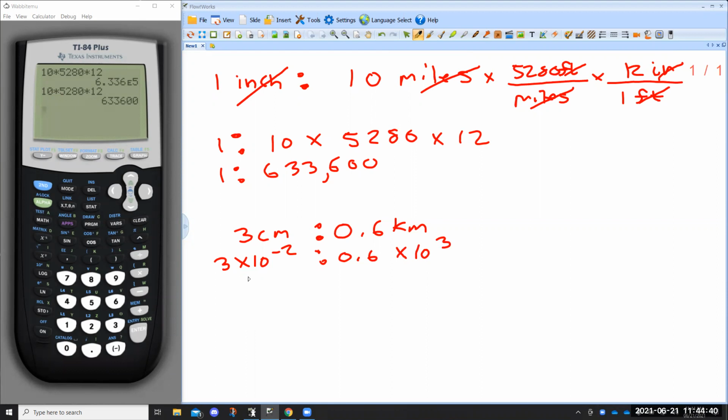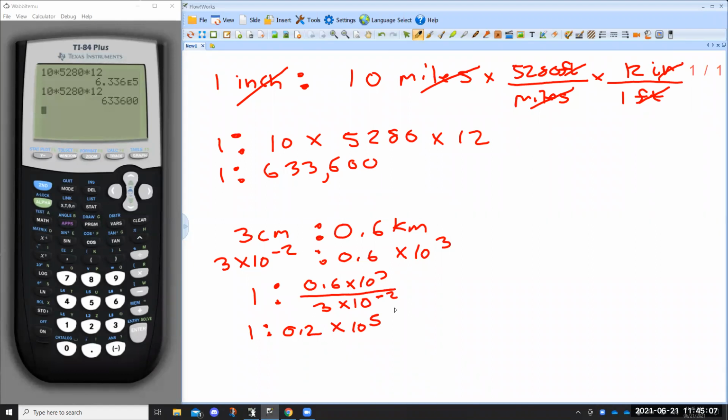And I want a 1 on the left-hand side. So this is going to be 0.2 times 10 to the 5th.